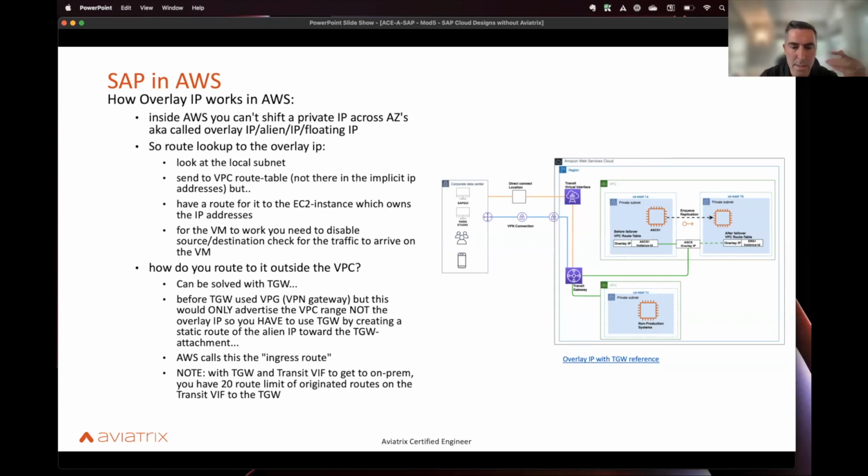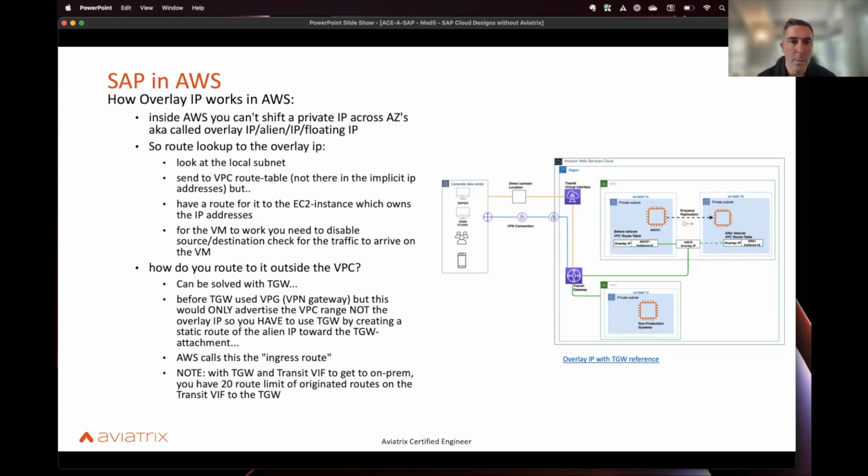An AZ, as Shahzad mentioned, is the framework of separation of space, power, and cooling between two availability zones. So in a region you can have one or more availability zones, primarily because if there's a space, power, or cooling issue, you want to be able to fail over to another availability zone, which has completely separate space, power, and cooling components that are not dependent on each other.